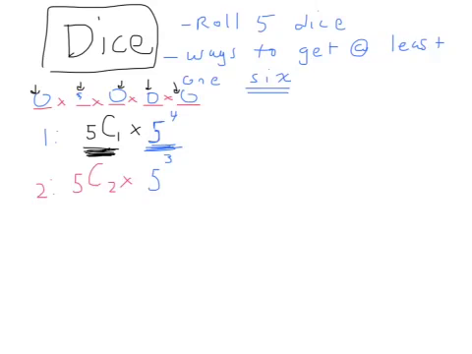Okay, so following that logic, for me to get 3 sixes, it would be 5 choose 3. That's all the different ways in which I can organize 3 sixes in my 5 different spots. What's left over then are 2 spots where I can put 5 different things.